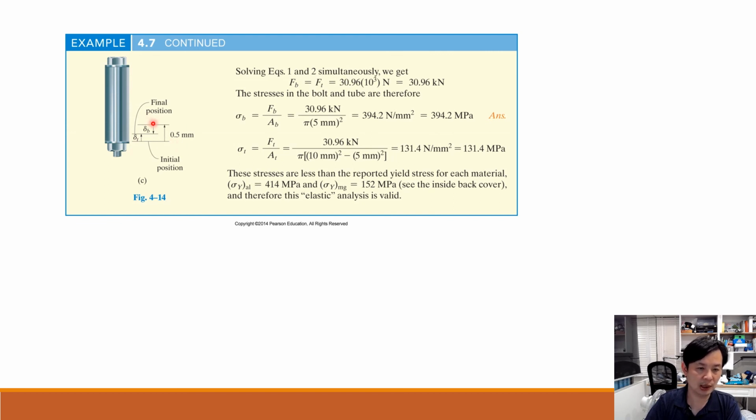One is the compression of the tube, like this place, and delta B is the elongation of the bolt. They balance and reach a compromise position. That's the so-called final position. The final position is like here.